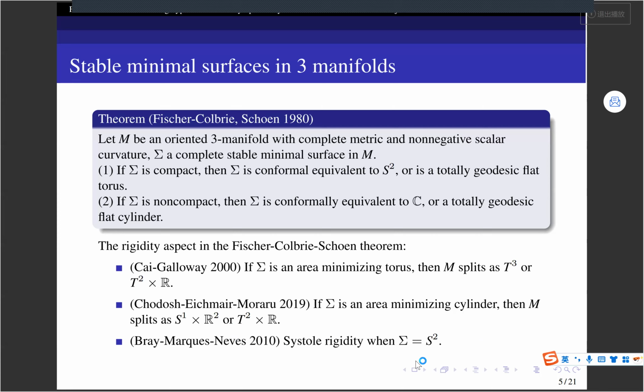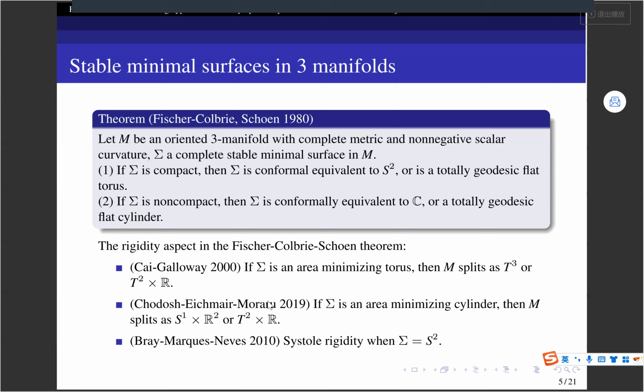For the case when sigma is S2, you cannot expect in general that the ambient space has rigidity, but Bray, Brendle, and Neves proved a similar rigidity result in this case. That is, when sigma attains an extreme area, you can say something about the rigidity of the ambient space.